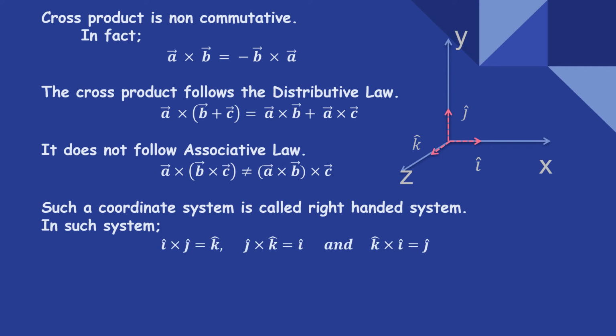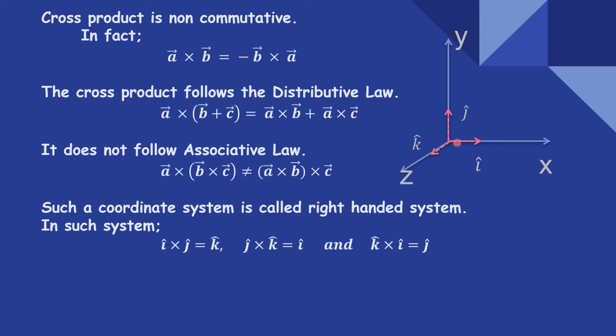So the relation between them is, as we know, that the cross product of two vectors results in a vector perpendicular to both of these. So from this simple phenomenon we derive that if I take the product between i and j, this is my vector i, this is vector j.